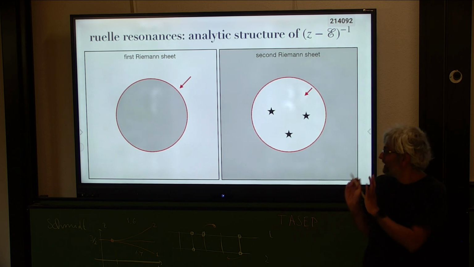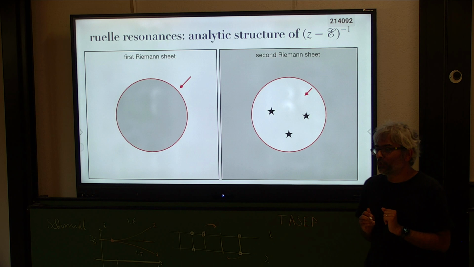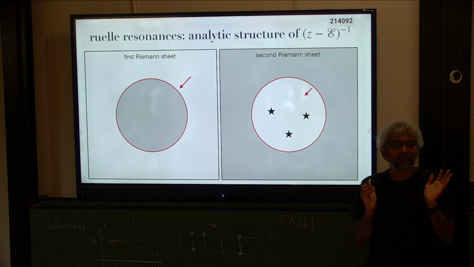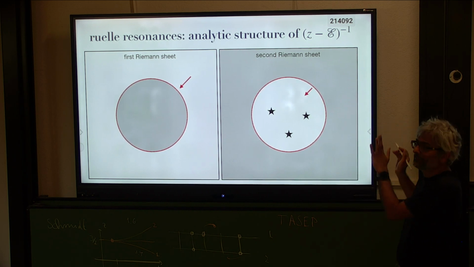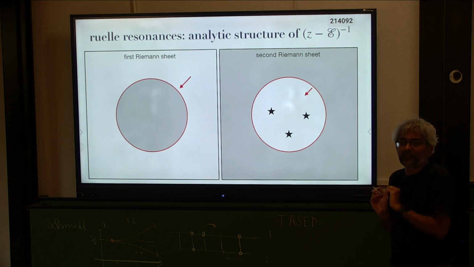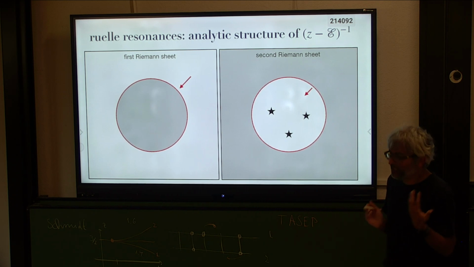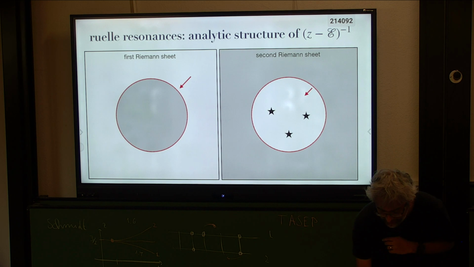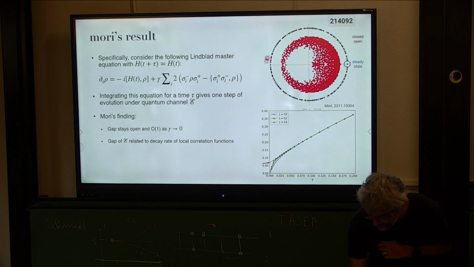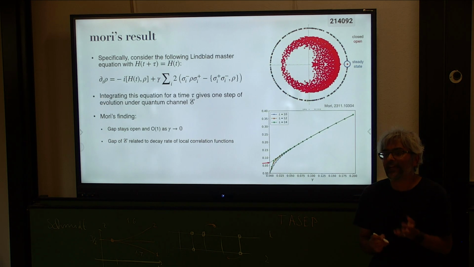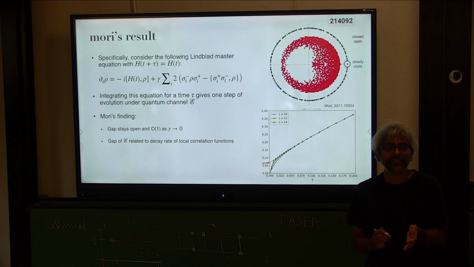But before I get there, let me tell you the story that Mori told about how this phenomenon makes sense in the zero dissipation limit. You have this set of poles, and if you take the thermodynamic limit, these poles merge into a branch cut.